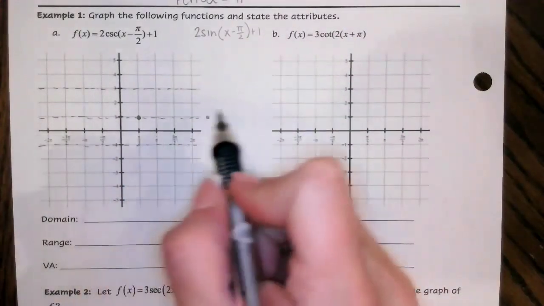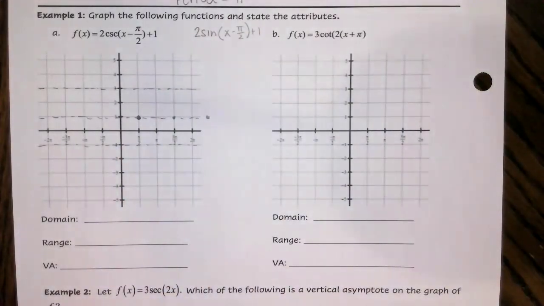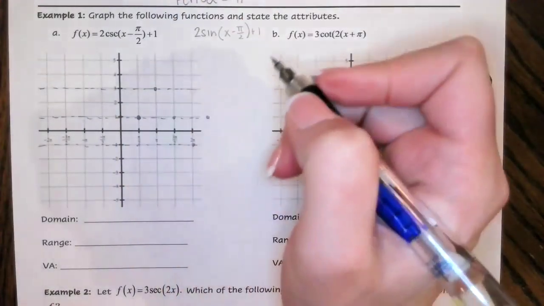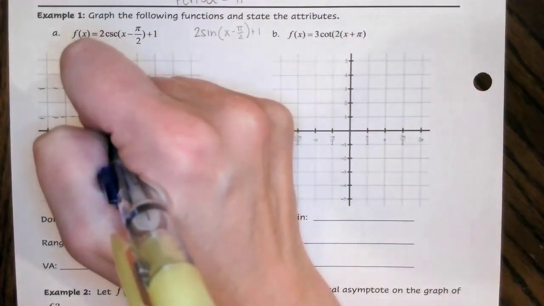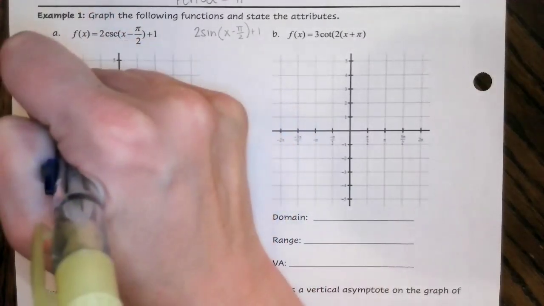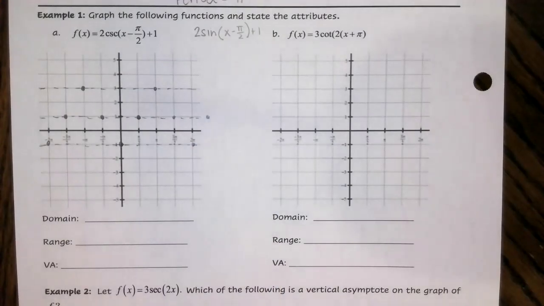In between these two, I would have my middle point. And then this graph goes up and then down. And so right here, it repeats since it is a periodic function.